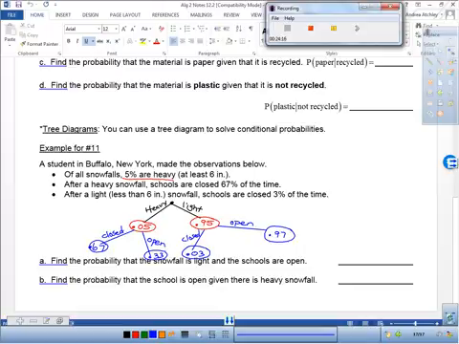Okay. So now next it says find the probability the snowfall is light and the schools are open. In this, the and means multiply.